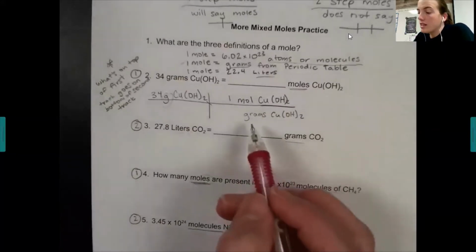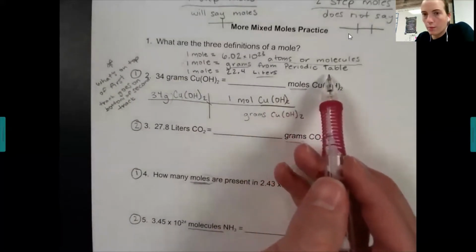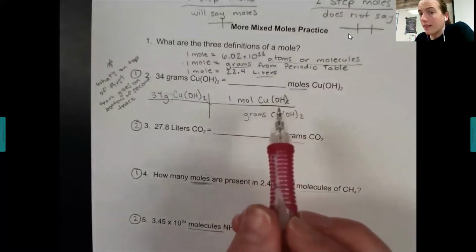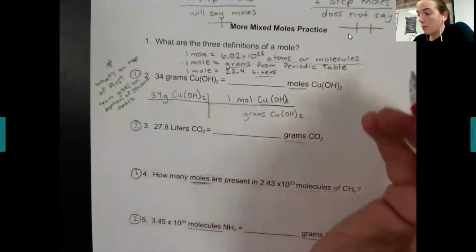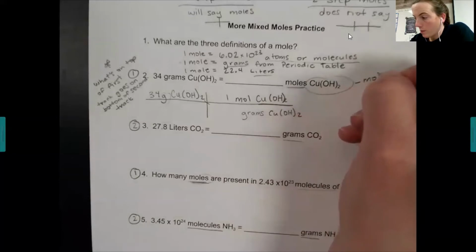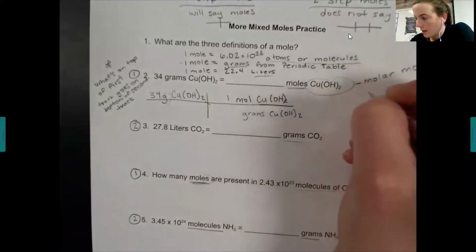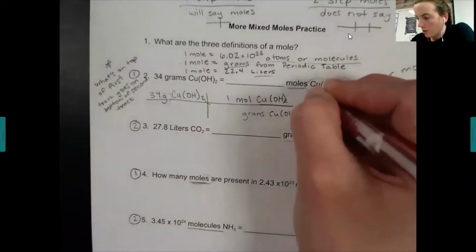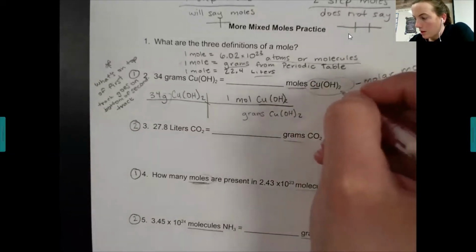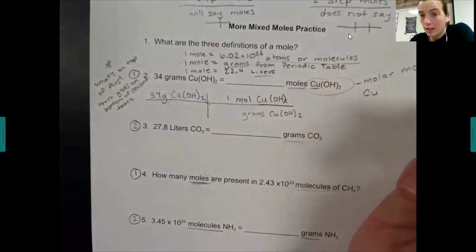Now since this is asking for grams and we have to use the numbers from the periodic table, I've got to figure out the molar mass of this. The molar mass is going to be 1 copper, because there's only 1 copper. And this 2 right here means I have 2 of everything inside the parentheses.